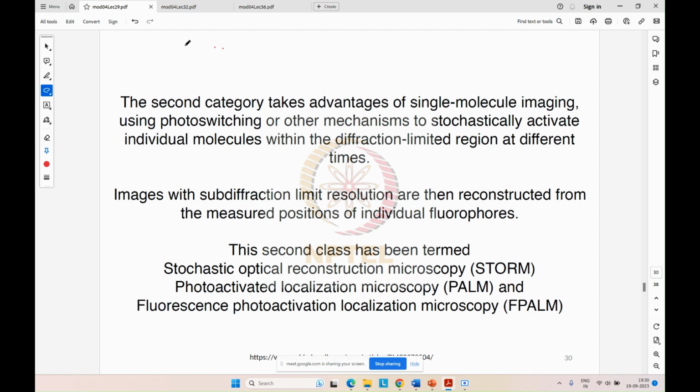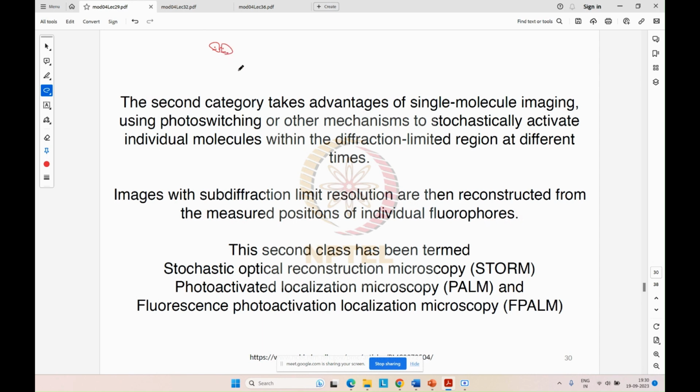The point behind photo switching is that when you shine light at very low energies, you excite this, but you don't excite this, in a temporal fashion, in a time dependent manner. Because of that, you only get an image of this and not this. The next time around, you can get an image of this.